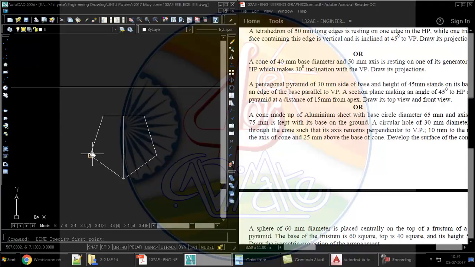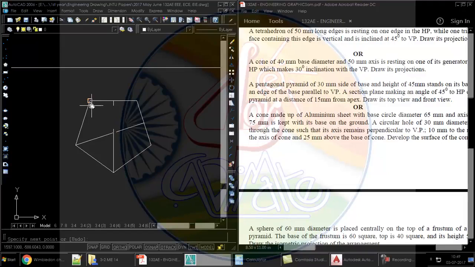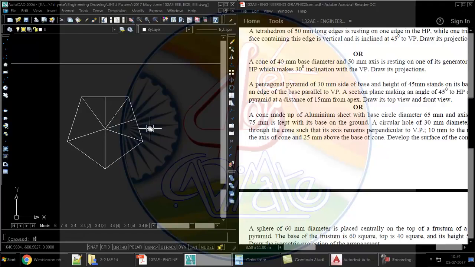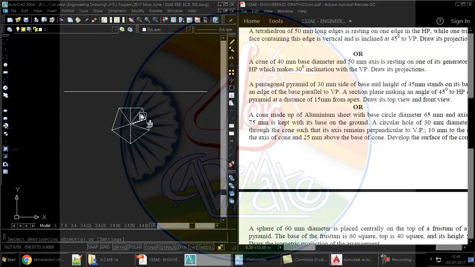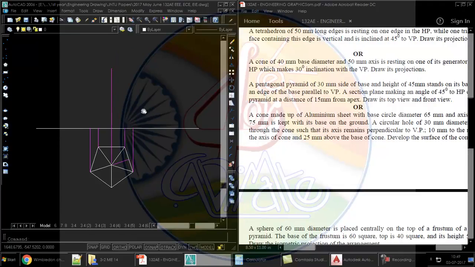Because it's a pyramid, we'll have to find its center point. Okay, this is the center of that. So the top view of the pentagon is clear. Now next we'll have to project this to get its front view.